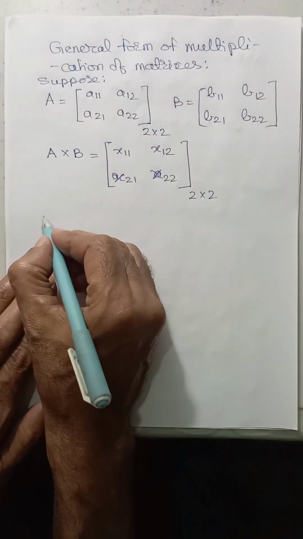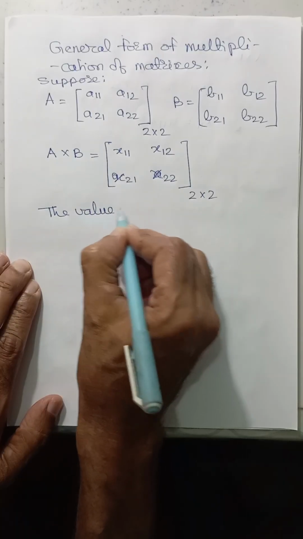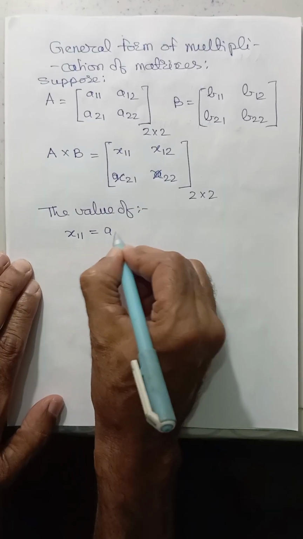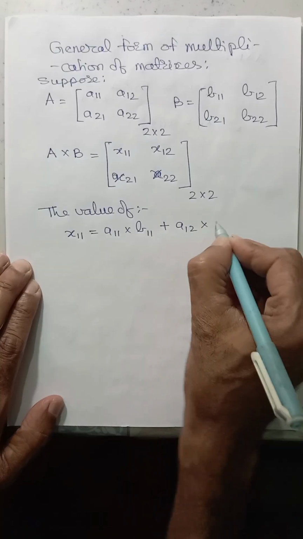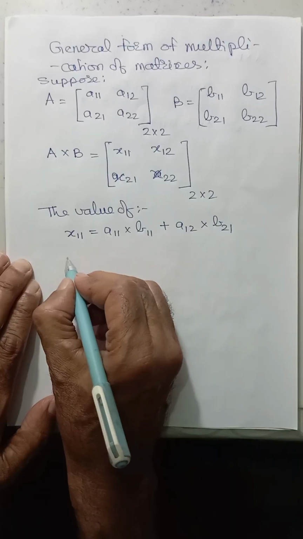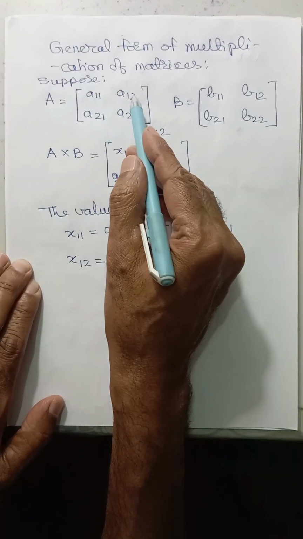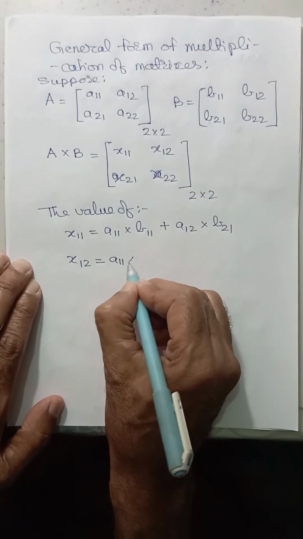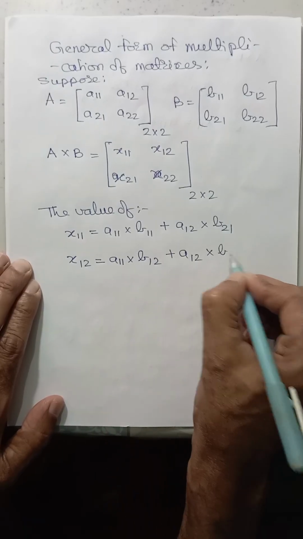Now the value of x11 will be a11 into b11 plus a12 into b21, so first row and first column. Now x12 will be first row and second column, so this will be a11 into b12 plus a12 into b22.